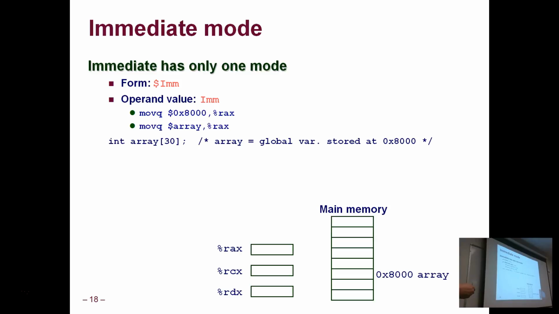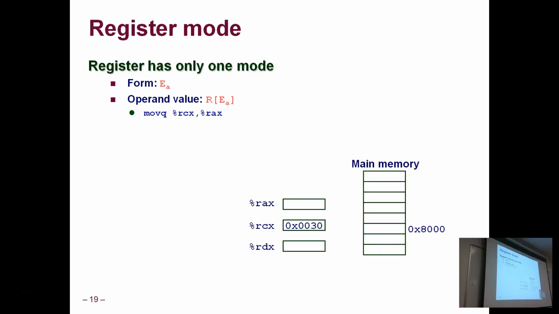If you had an array symbol in your program and it was located at hex 8000, then both of these two instructions would be exactly the same. What it's going to do is take the constant hex 8000 and load it into RAX. That's the simplest mode. Just load a constant into a destination.